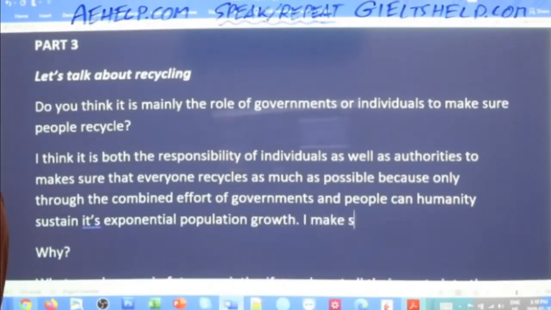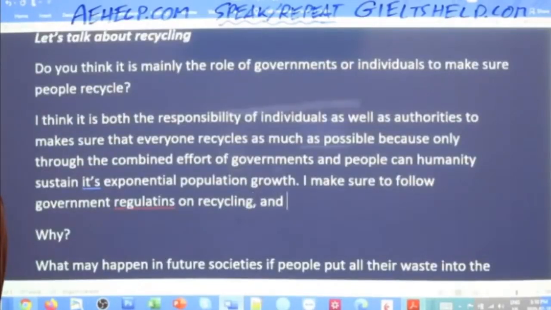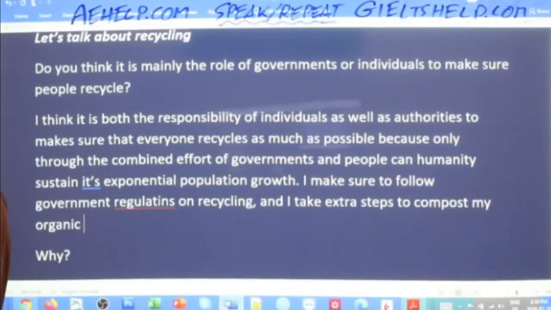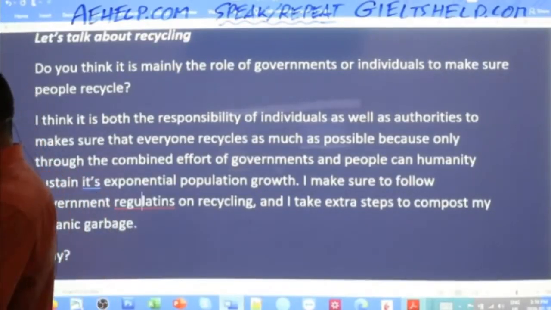I make sure to follow government regulations on recycling, and I take extra steps to compost my organic garbage. All right. That's my answer.